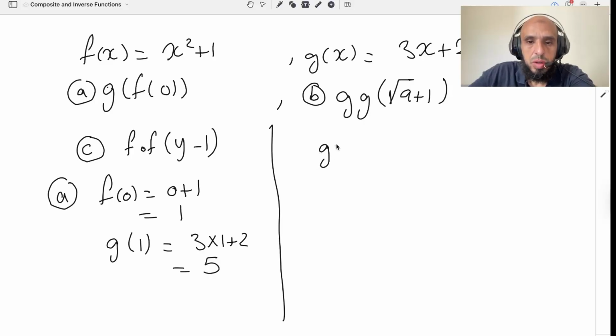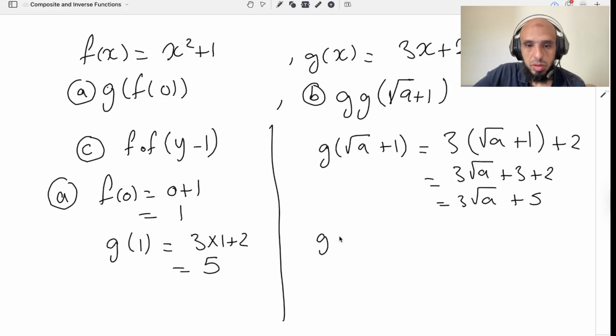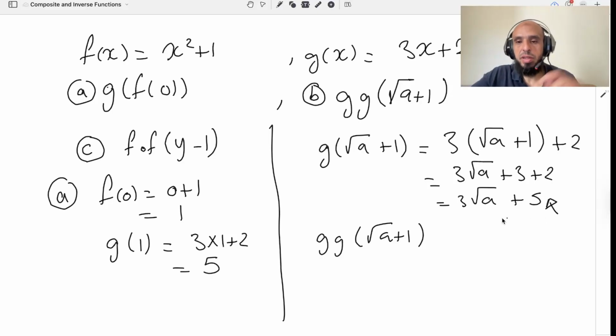So we get g of square root of a plus 1. We replace every x and put square root of a plus 1 in its place. So it's going to be equal to 3 times square root of a plus 1 plus 2, which is 3 square root of a plus 3 plus 2, so 3 square root of a plus 5. Then g of g of square root of a plus 1: we apply g to this and take 3 square root of a plus 5 instead of every x in the original definition of g of x.